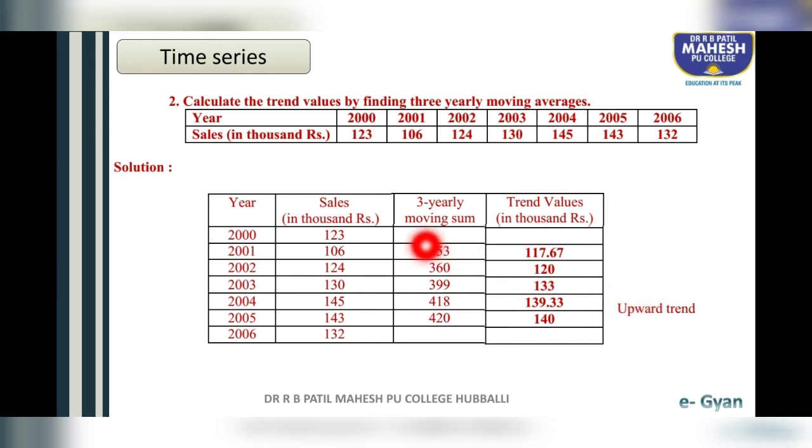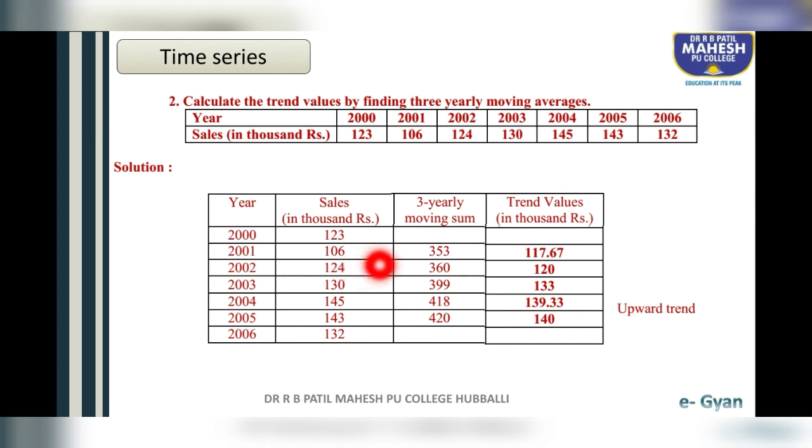Students, I will explain again how to find the 3 yearly moving sum. In this column, first you have to take 3 values. 123 plus 106 plus 124. Write the answer here, 353. You leave 123. Again you take 3 values. 106 plus 124 plus 130. You leave 106. Again take 3 values. 124 plus 130 plus 145.